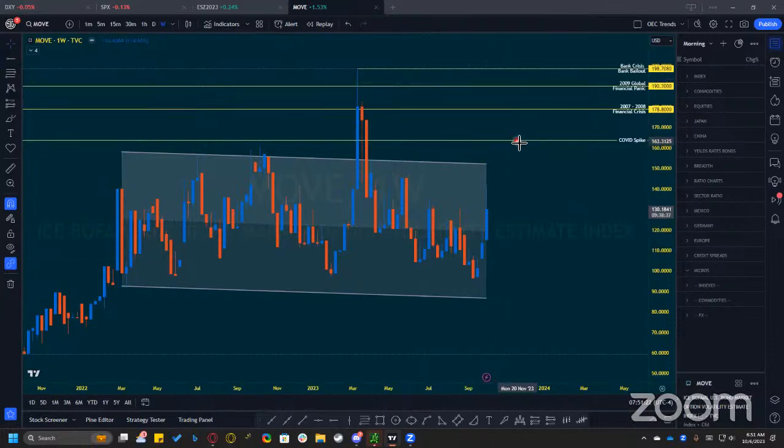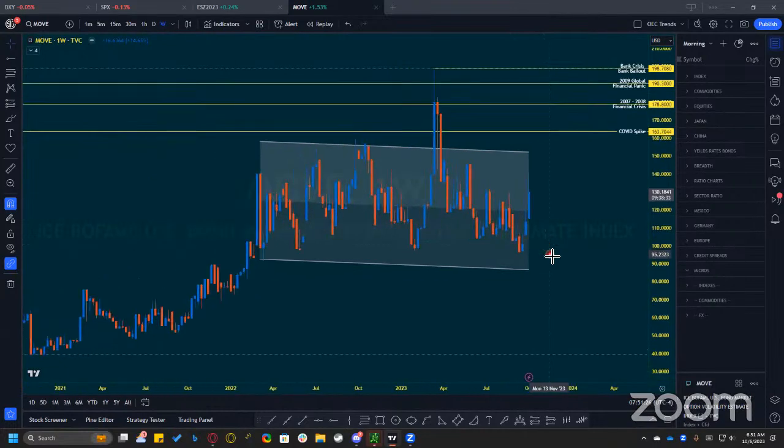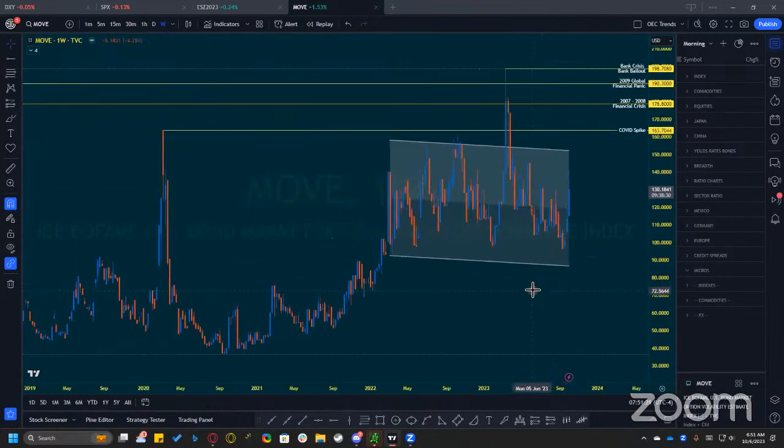So, we're not at those levels yet, but it's worth keeping your eye on in the bond market, right? Especially if you're thinking, oh, we're at these deep lows, surely now is the time to buy bonds. No, you don't want to go bottom fishing in the bond market.